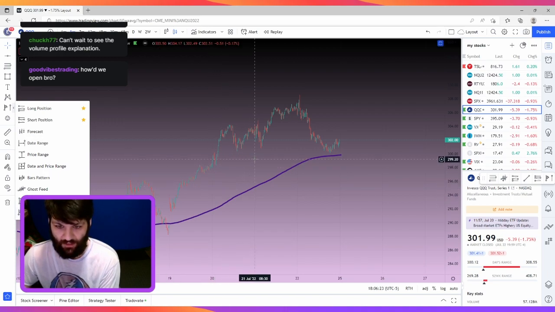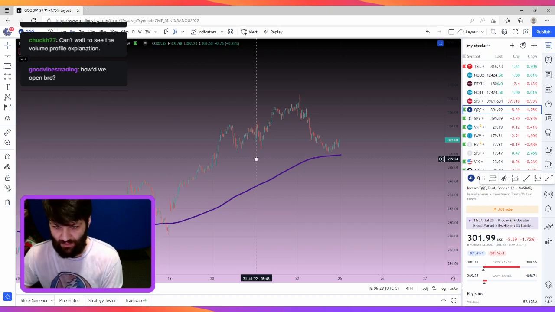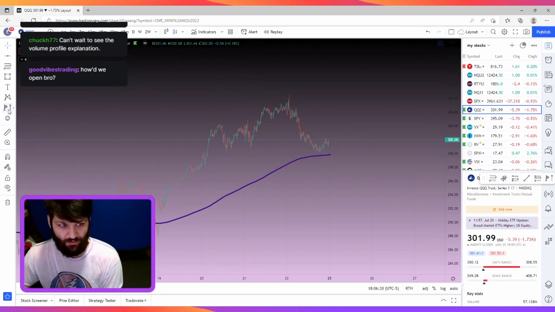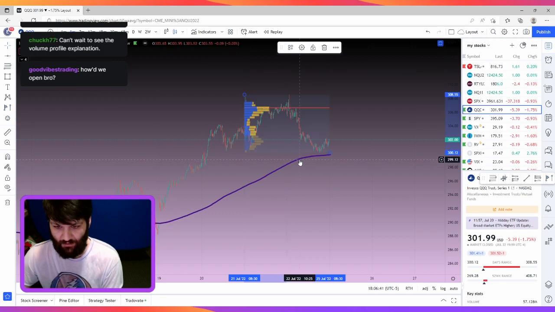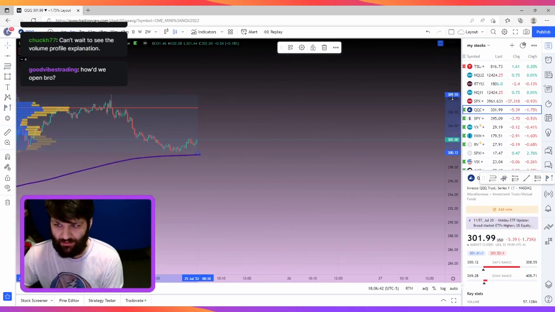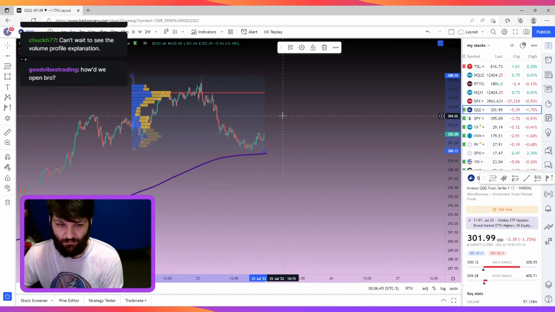You're gonna get the opening candle of the day, see right there. That's me, and you're gonna just draw it. So you're gonna draw it from that opening candle to that closing candle for that day. So that's this candle right here. And what it's gonna do is it's gonna create this little profile right here for you.